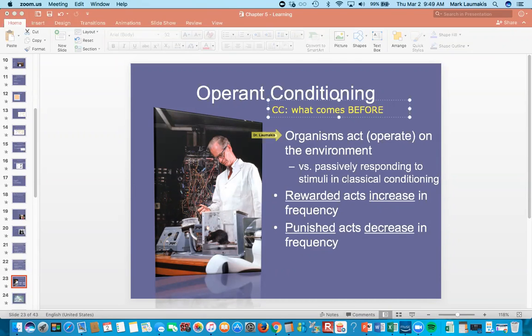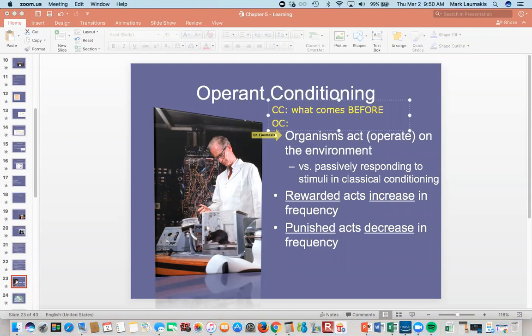And what came before it was the repeated pairing of the loud noise with the white rat. So when we go rat noise, rat noise, rat noise, that's coming before little Albert is showing the fear response. In contrast, from this point forward, as we move through operant conditioning, it's going to be what comes after the behavior that is the big shaper of the behavior, right?